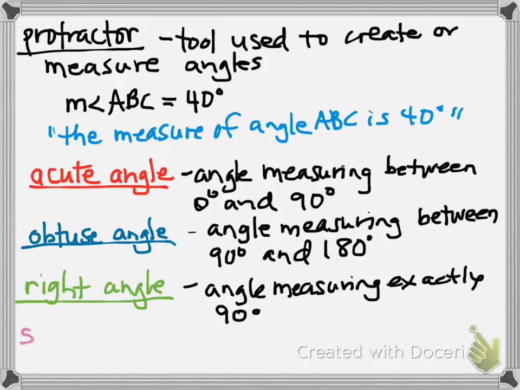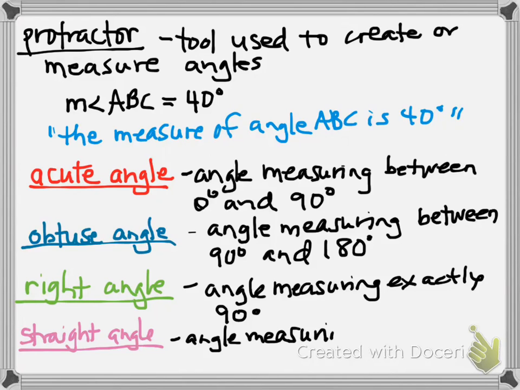We had a straight angle, which measures exactly 180 degrees. Now I am a stickler about labels, so if I'm asking you for the measurement of an angle, if you don't write the degree symbol, I will take off points. The textbook gets lazy and doesn't do it often, so don't follow their suit, follow mine, okay?